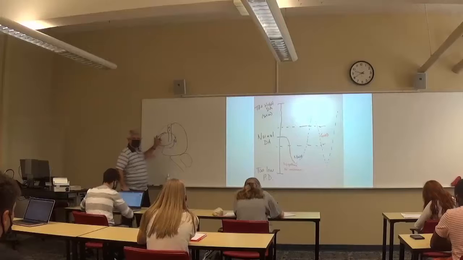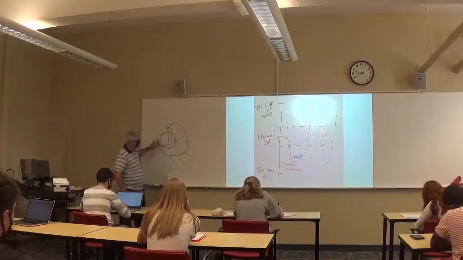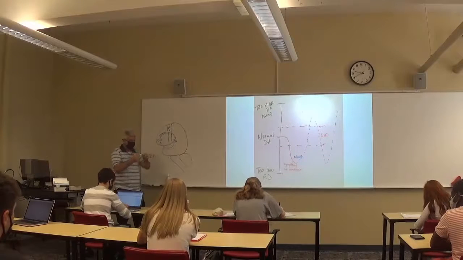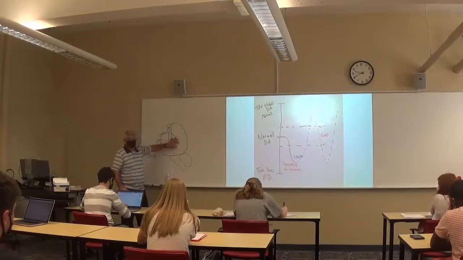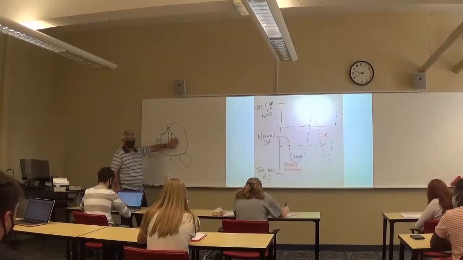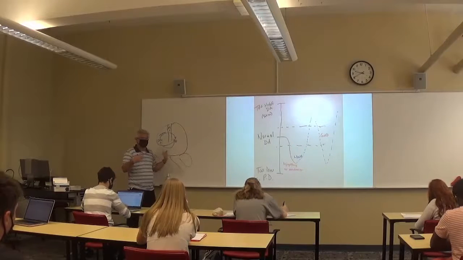From the orbital frontal cortex through the basal ganglia back to the orbital frontal cortex. And normally when someone has an anxious thought, the basal ganglia, part of its regulation, helps shut down that thought and helps you regulate that.